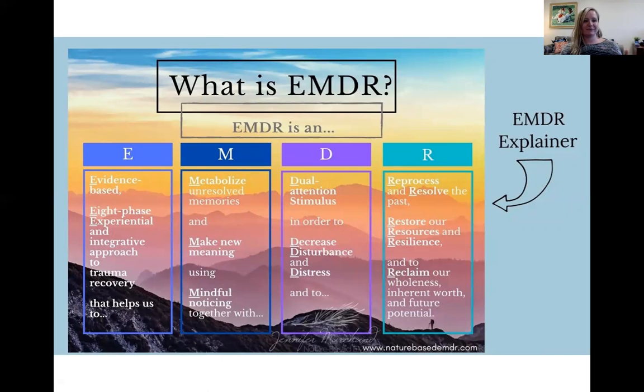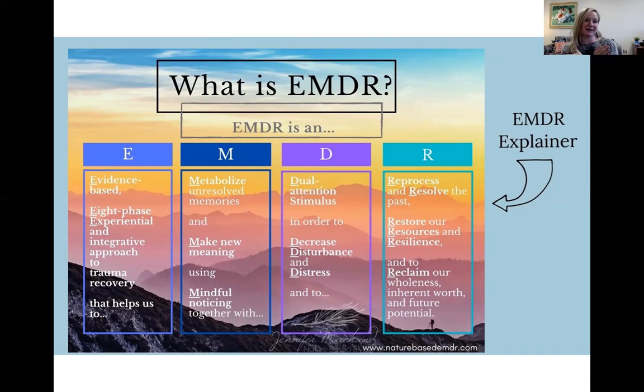Okay, so this is just another visual image of what EMDR is. Evidence-based, 8 phases, helps metabolize those unresolved memories that get stuck in the brain through the bilateral stimulation. The D, the dual attention stimulus, means they're doing something where their thoughts are in the past, thinking about the trauma, but doing something in the present, which is the bilateral stimulation.